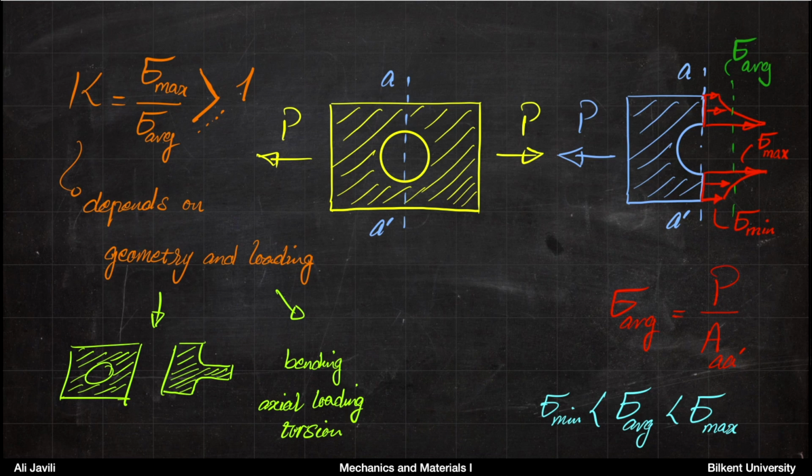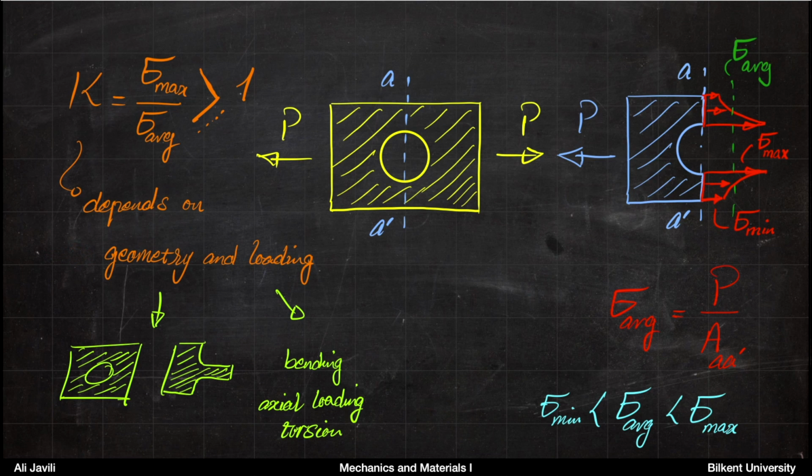Now, talking about the stress concentration factor K, you can imagine this is a number that is always larger than 1. So in the limit it is equal to 1. But it depends on geometry and loading.